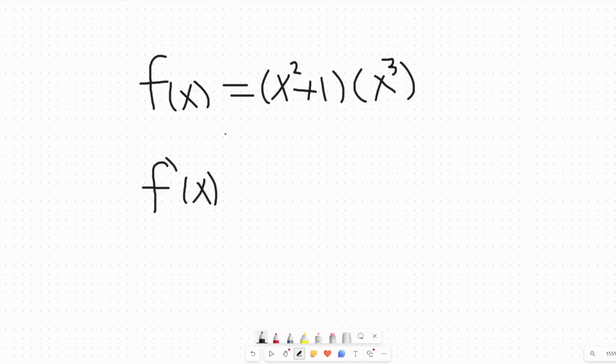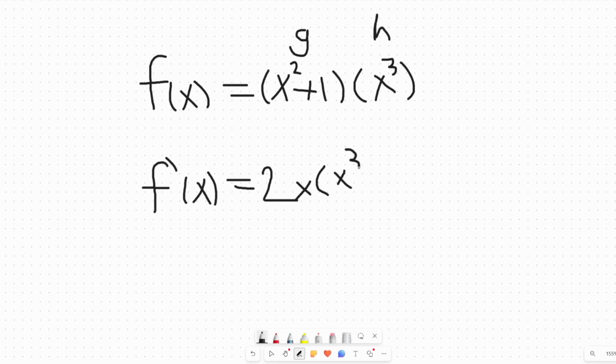We said it's g prime times h of x plus h prime times g of x. So this is our g function, this is our h function. We take g prime. The derivative of x squared plus 1 is just 2x, because the derivative of 1 is 0.